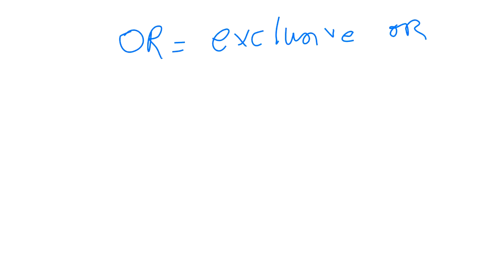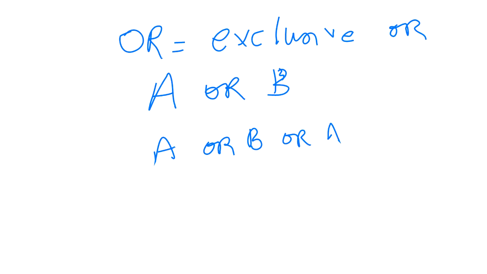Whenever I use the word or, it is almost always exclusive or, unless I mention inclusive or. When I use the word A or B, that means it can be either A or B, or A union B. I can take the things which are in common as well.